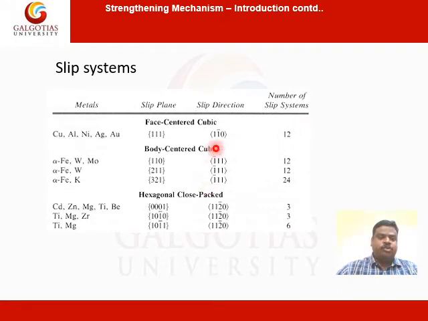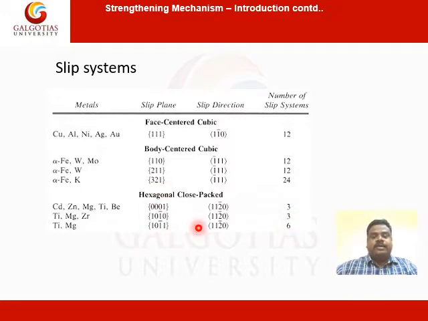For body-centered cubic materials like iron, tungsten, molybdenum, we have 12 slip systems in the {110} plane, 12 slip systems in the {211} slip plane, and 24 slip systems in the {321} slip plane. In hexagonal close-packed structures, we have very few slip systems, like 3, 3 and 6 on these specific planes.